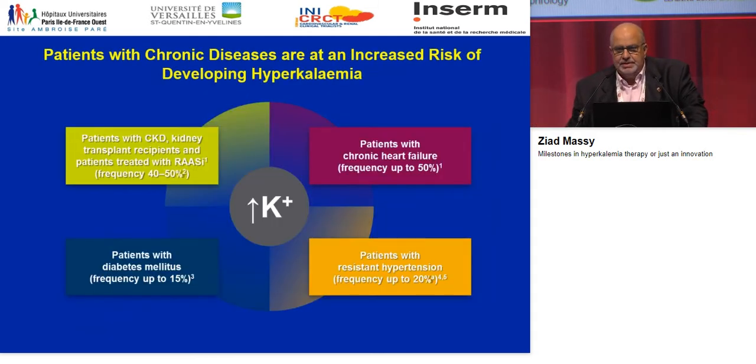But you have not only this level of CKD, but you can also have diabetes, which is specific. In diabetic patients, some of them have a destruction of the macula densa, and then they are prone to hyperkalemia.